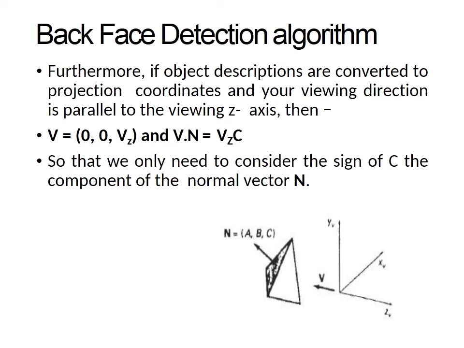Therefore, a polygon is a back face, and the viewer will also be unable to see a surface with C equal to 0. Therefore, we identify a polygon surface as a back face if C is less than or equal to 0.